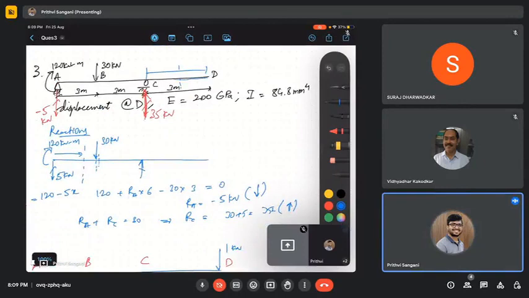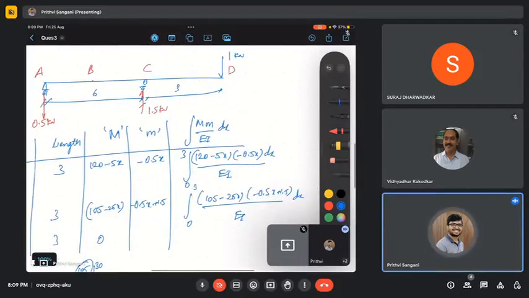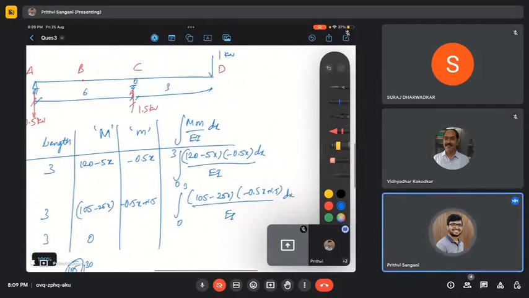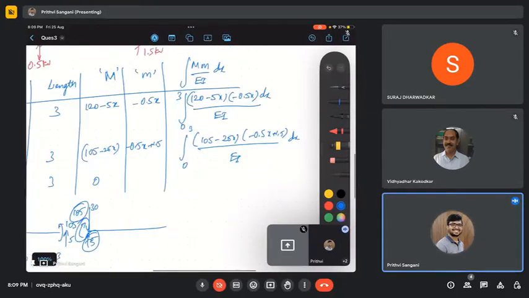So there is always 0 moment, right? There is no load there, so there's no point of finding out M. Anyway, I just want to find out M, and how can I do it? So 1 times 3, that is minus 3. So 1 into x is minus x. It is 0 times minus x dx by EI.